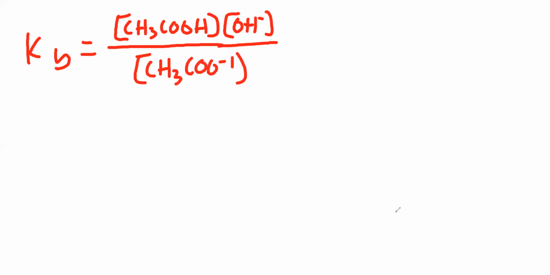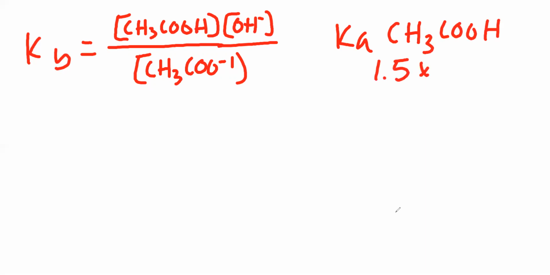But when we look at the table, we can find the Ka of acetic acid. That's 1.8 times 10 to the negative fifth.